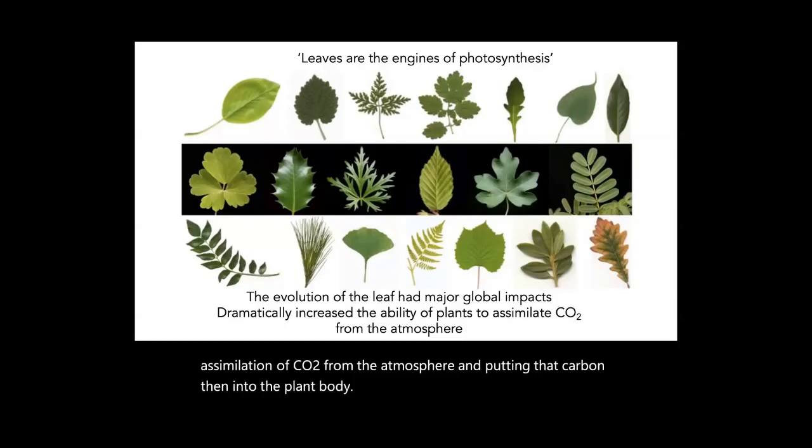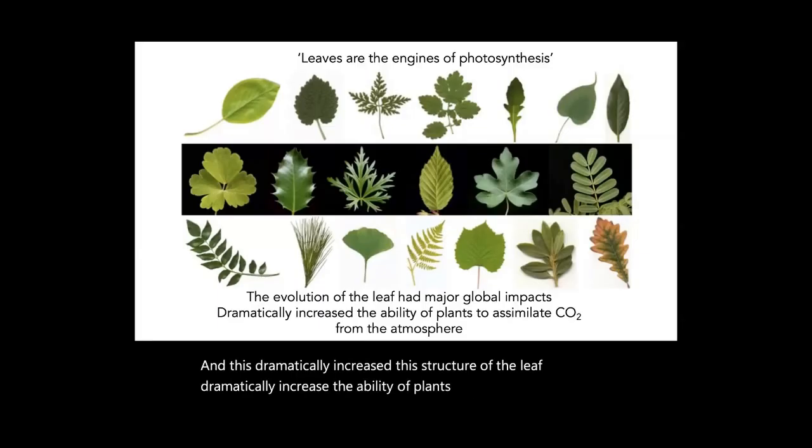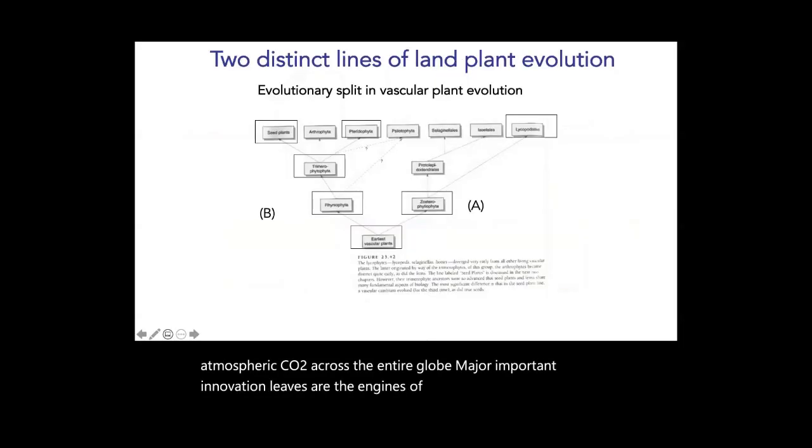And this structure, the leaf, dramatically increased the ability of plants to assimilate CO2, but also modify the atmosphere. And as soon as we see the evolution of leaves, we see the decrease, the sucking down of atmospheric CO2 across the entire globe, okay? A major important innovation. Leaves are the engines of photosynthesis, all right?